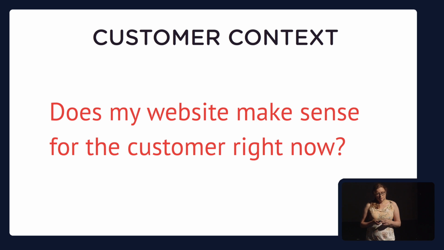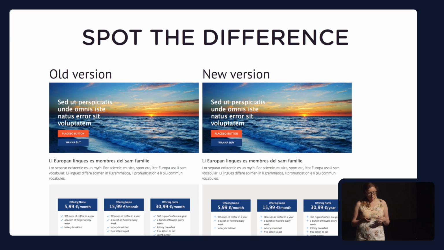Usually we find an answer to this question with different manual approaches, not automatic. For example, we can open two browser windows with the old version of the website and the new version of the website, and then we visually try to match, pixel by pixel, component by component, if it's the same.